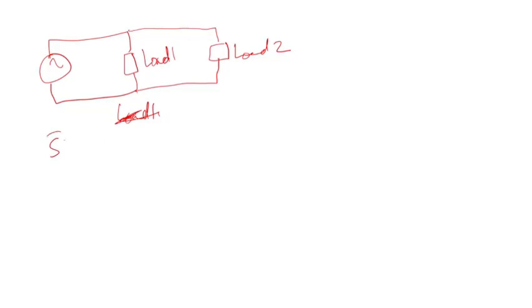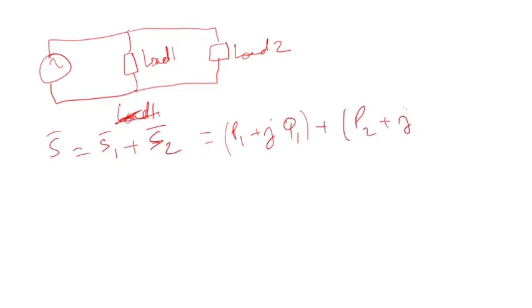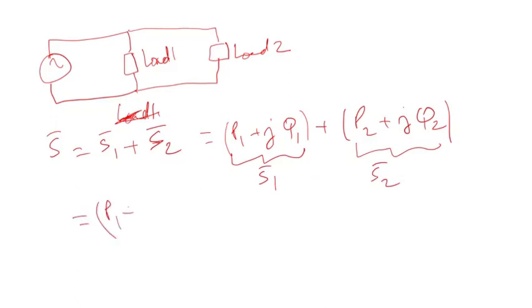Then S supplied by the system is S1 from load 1 plus S2 from load 2. And what is S1? It is P1 plus j times Q1, plus P2 plus j times Q2. I just replaced S1 and S2 by their corresponding P's and Q's, and I can rearrange, putting the real parts together: P1 plus P2, plus j times Q1 plus Q2.